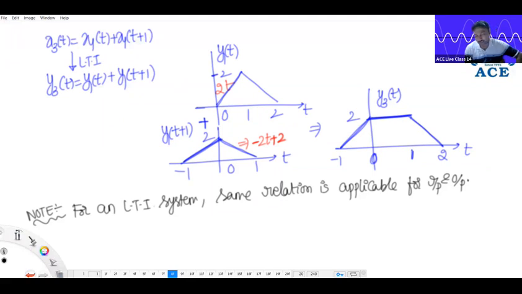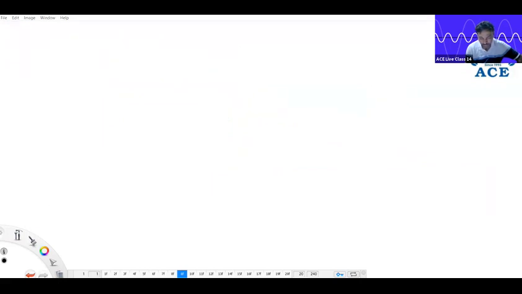Now you answer me the latest GATE question on this property. Latest GATE question, GATE 21. The input and output of an LTI system is given.